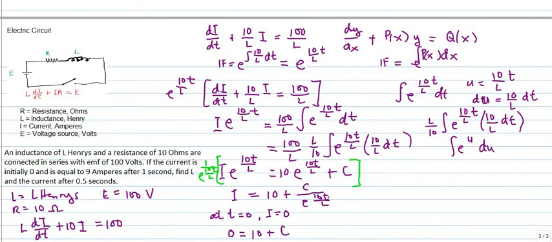Because when we substitute the value of t as 0, 0 times 10 over L, that is 0. e to the 0 is equal to 1. So we have e to the 10 times 0 over L, and 0 times any number or variable is 0. So you have your e to the 0, that is equivalent to 1. Therefore, c divided by 1, that is c.